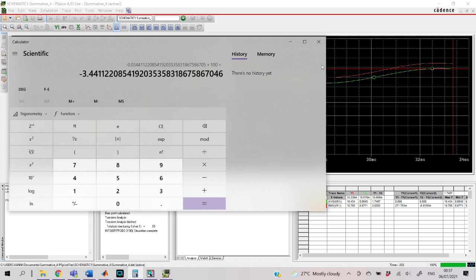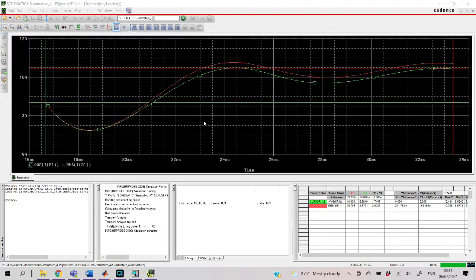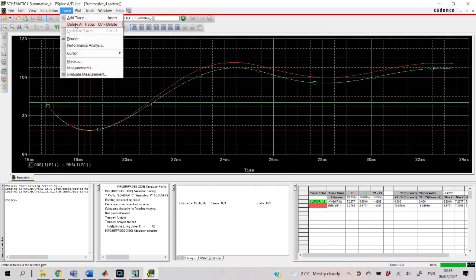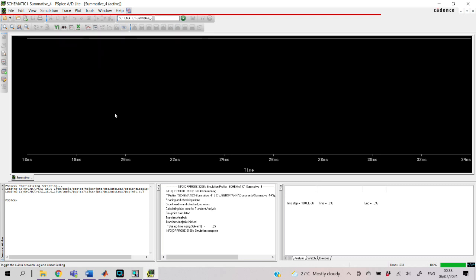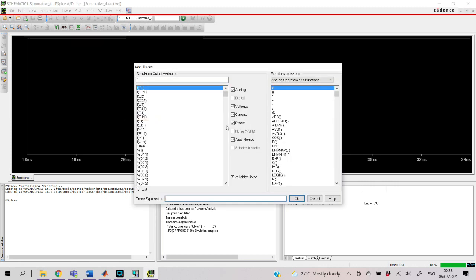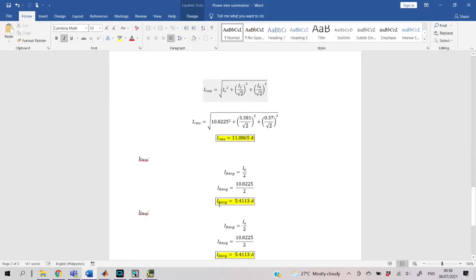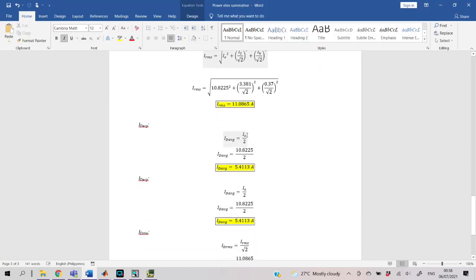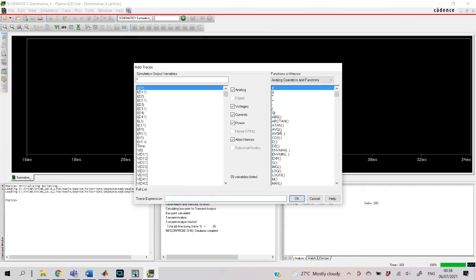So how about the current in each diode? To do that, we should delete our traces first. Then we will add new traces. As we can see, the formula for the average current is the average current of the load divided by 2. So average of IR1 divided by 2.